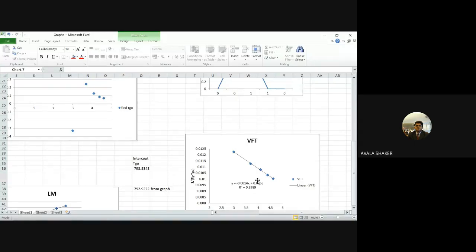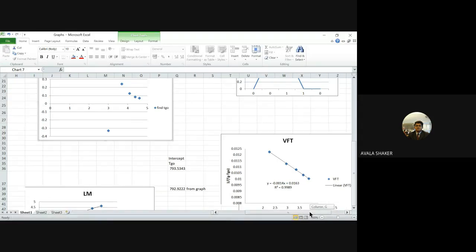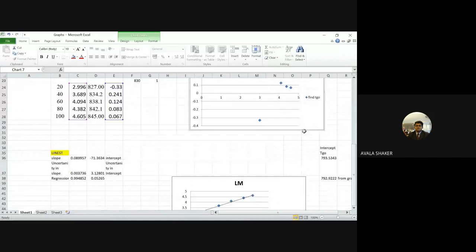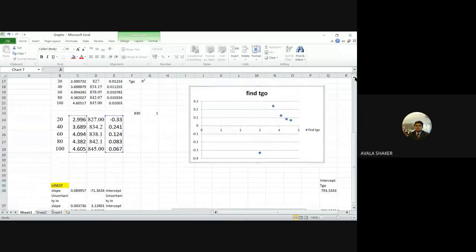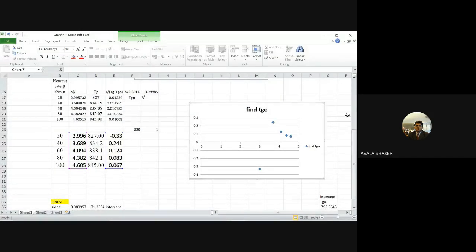We have to take this graph to this. So how to go about it? We'll have to label the axis.